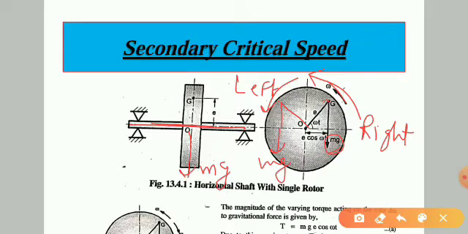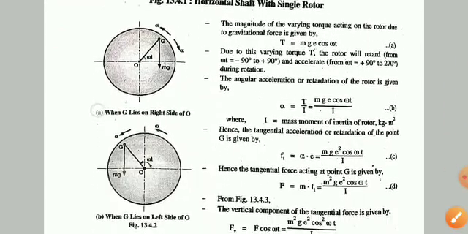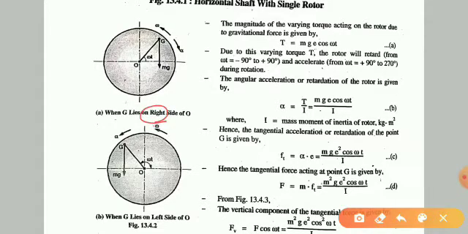So here you can see when G lies on the right side, the mg is in this direction, while when G is on the left side, the mg is on the opposite side.